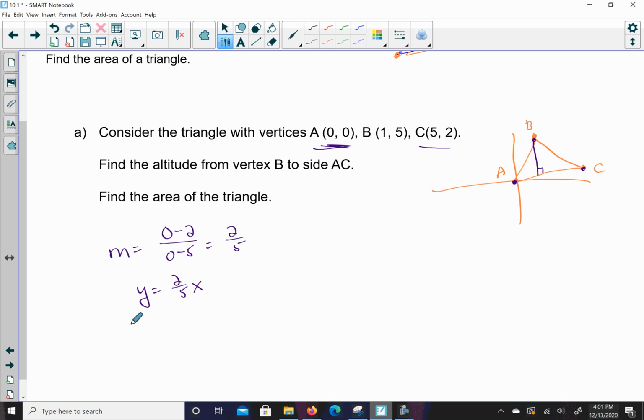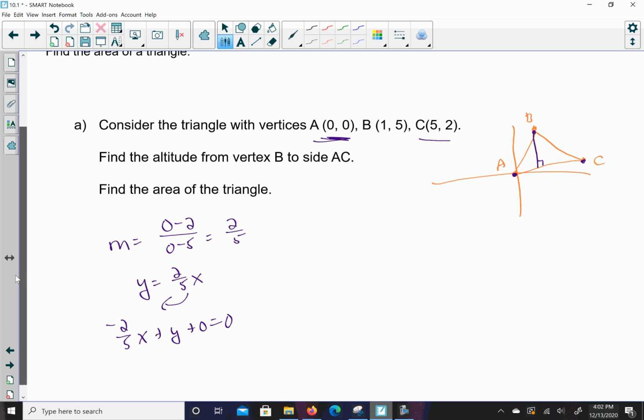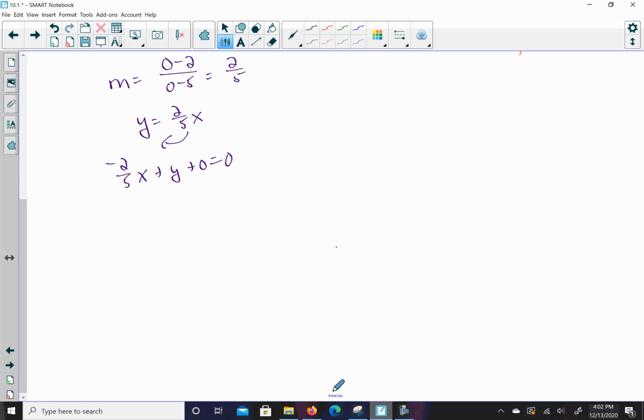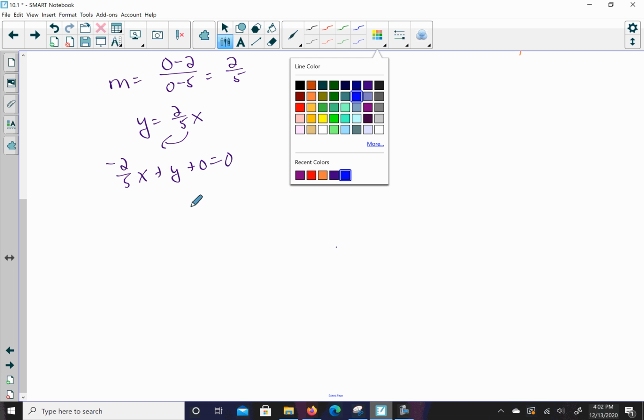I need to write this in the form ax plus by plus c equals 0. So I'm going to bring this over. I'm going to have negative 2/5 x plus y plus 0 equals 0, if I want to have an a, b, and c. Because I'm going to put it into an equation where I'm going to have a fraction over a fraction, I may want to multiply this whole thing by my common denominator, which is 5, and I can do this as long as I do it right.